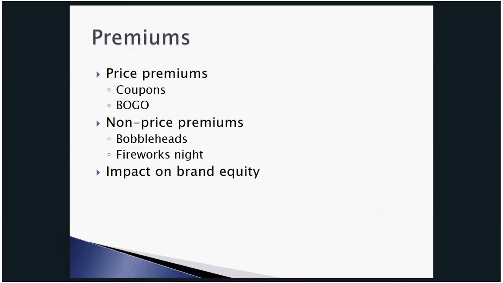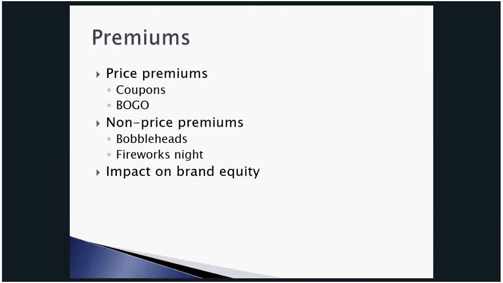Doing a lot of harm in brand equity, but I'm making $20 on that ticket. Or I can sell it for $30 and give them some sort of non-price premium to make up for that other 10. They want to spend $20 on the ticket. If I can get a bobblehead that the consumer puts a value of $10 on, they're going to buy that ticket. $20 in their mind for the ticket, $10 for the bobblehead.